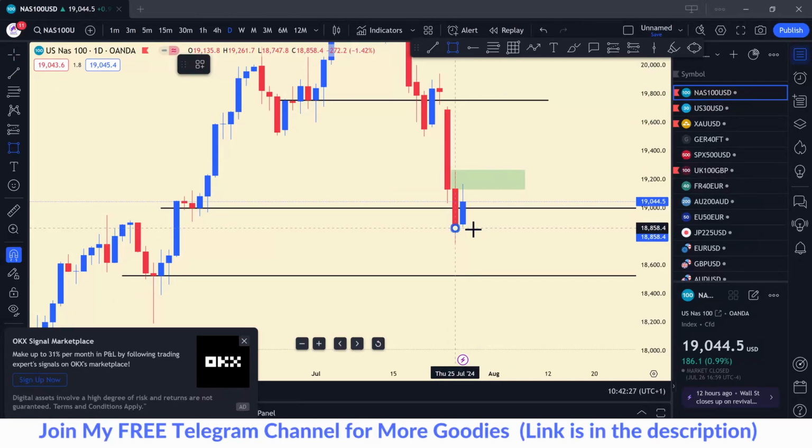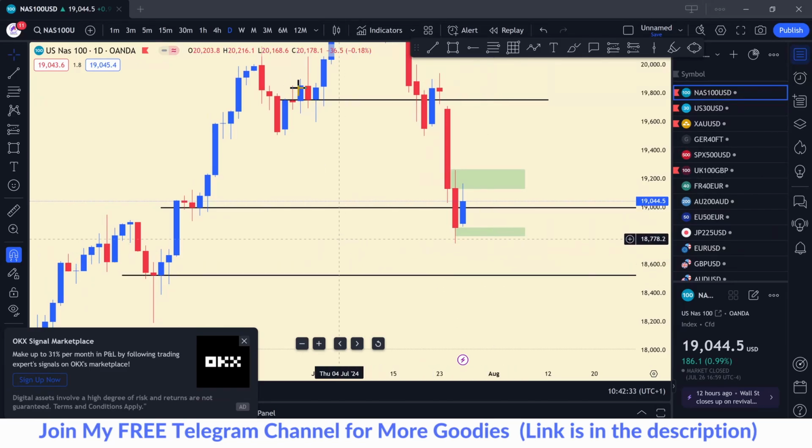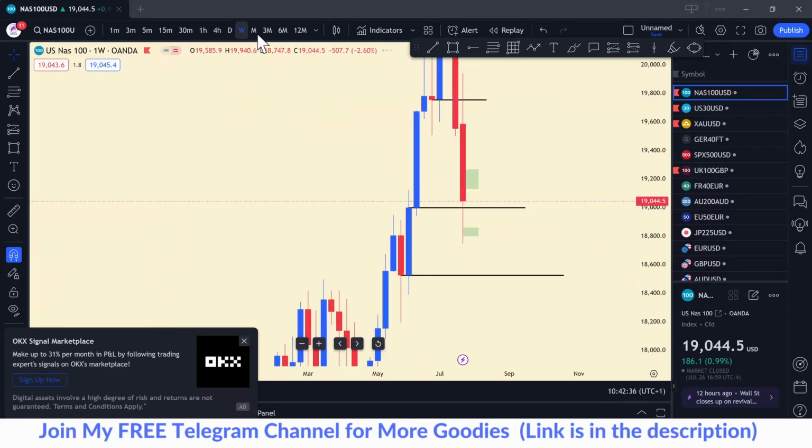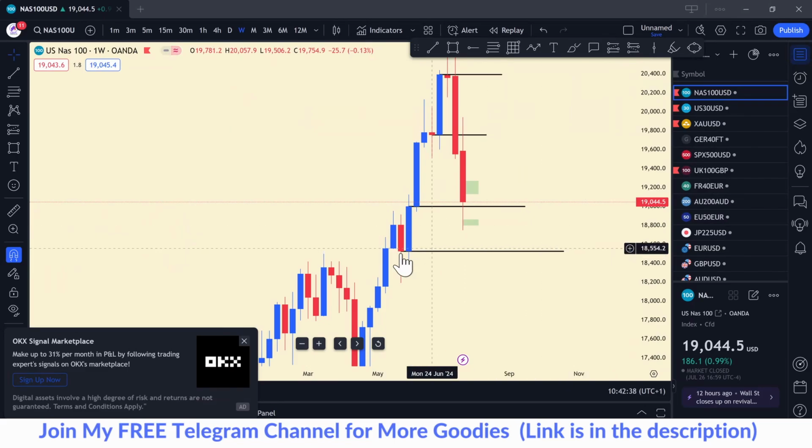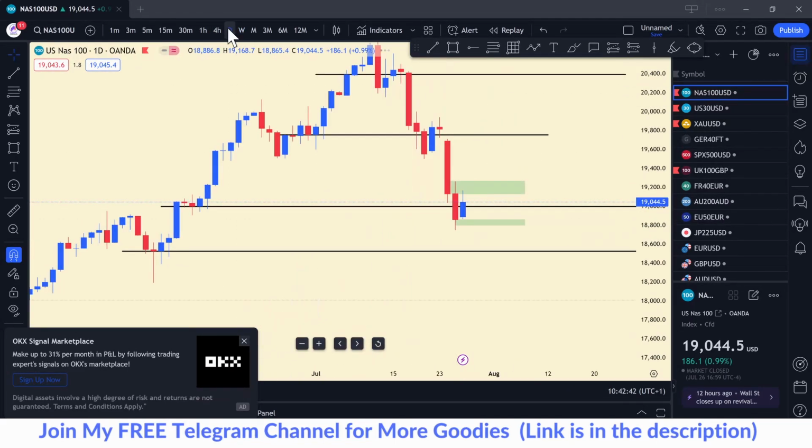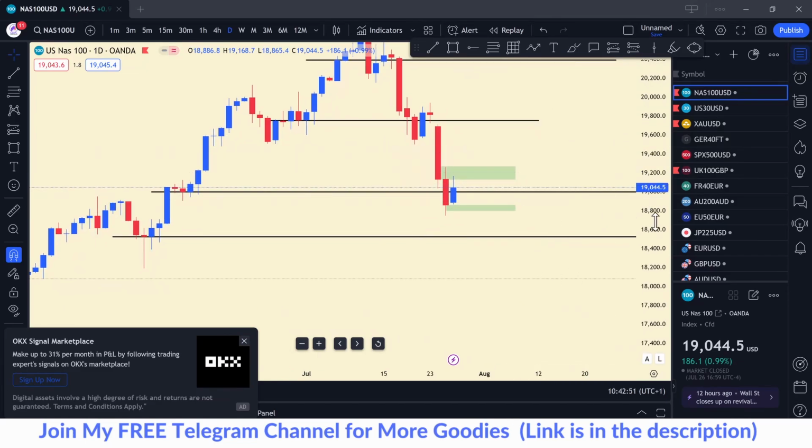This is an obstacle here that may prevent this market from going even lower. But remember, my target on the weekly potentially can reach to this point. But my obstacles, things that will prevent price from getting here, is the daily opening price.